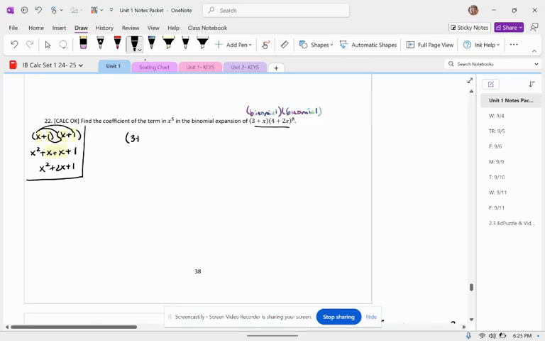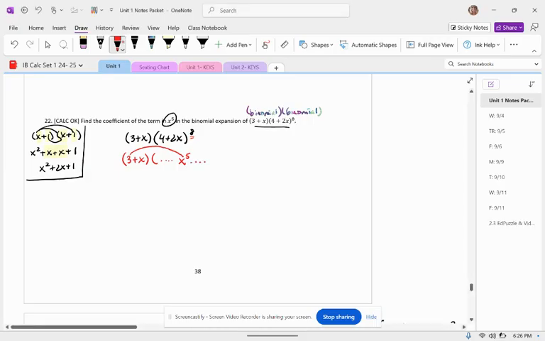So I have 3 plus x, and it's being multiplied by (4 plus 2x) to the eighth. I'm trying to think about all the pieces in these two binomials that would contribute to an x to the fifth term. Well, I'm not expanding this whole thing to the eighth power because that would take me 100 years. So instead I'm just going to think. I would get an x to the fifth if I multiply this constant by whatever the x to the fifth term ends up being in this polynomial string.